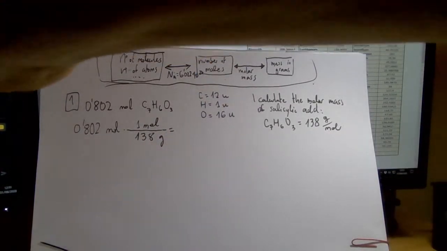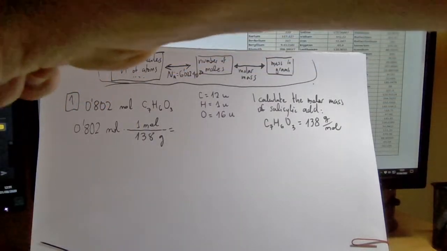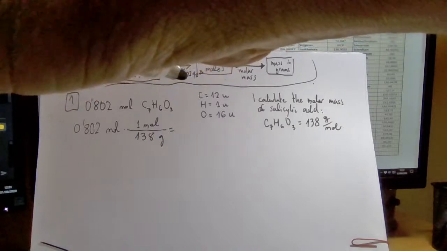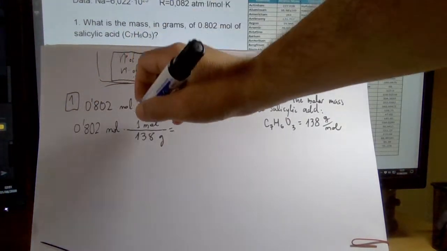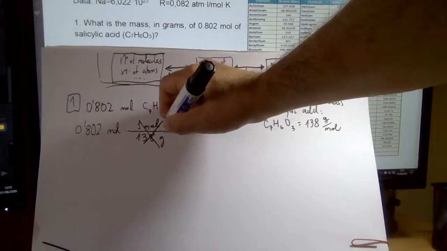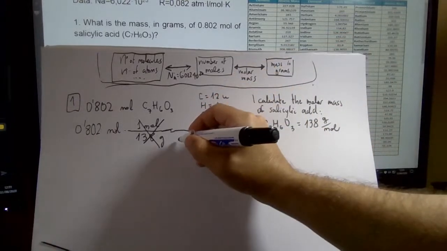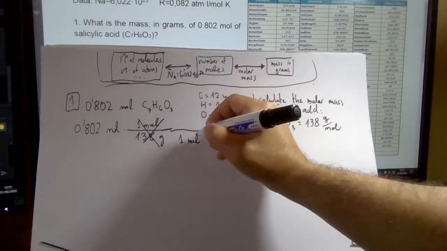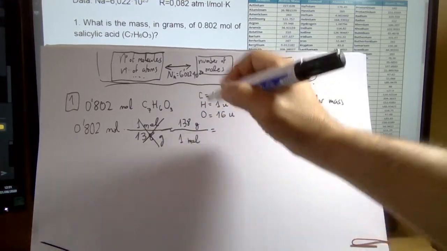So let's go, 0.802 divided by 138. Oops, my mistake. Mole up and mole down, okay? 1 mole, 138 grams. You were right, okay?